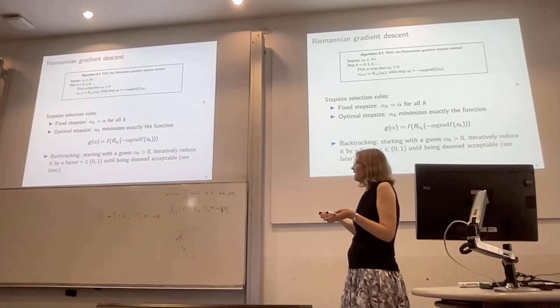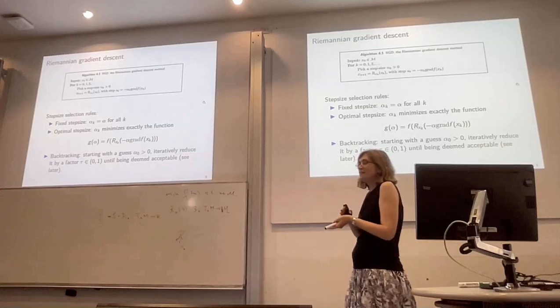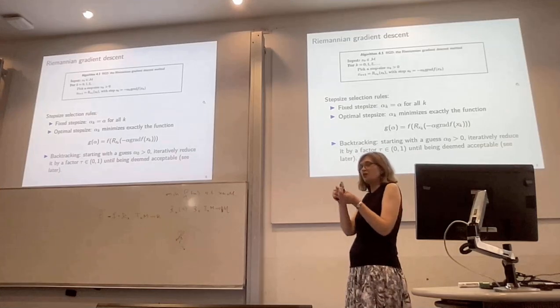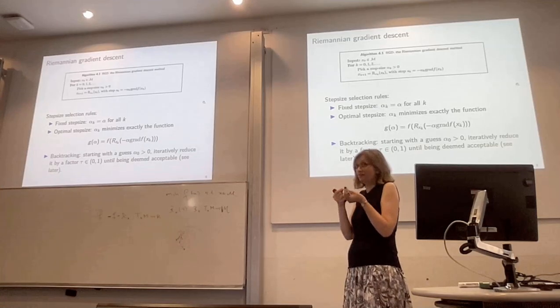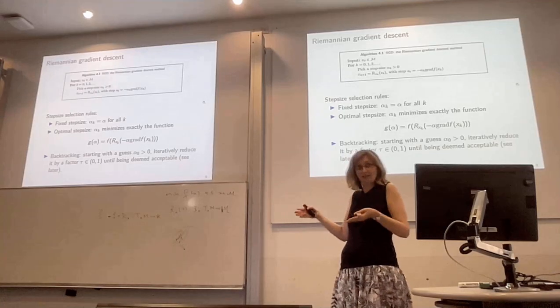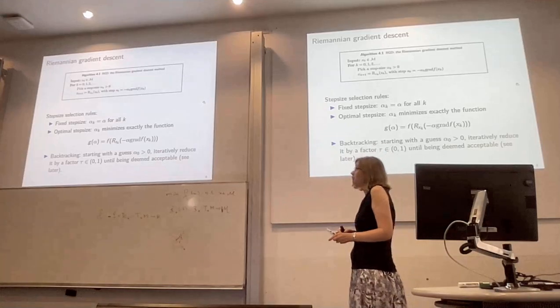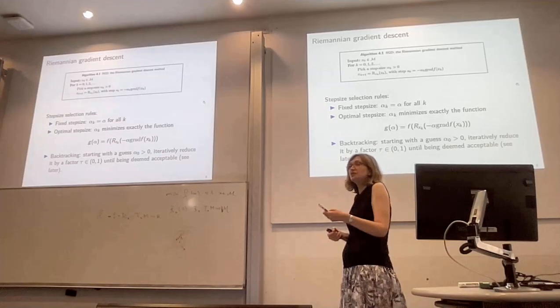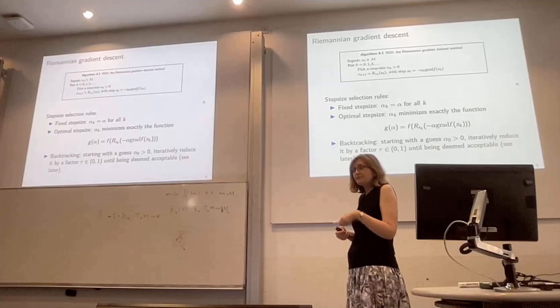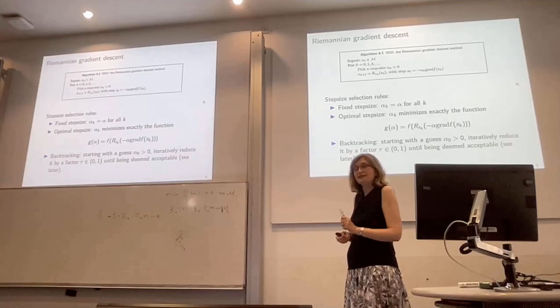By the way, you know that the negative Riemannian gradient is such that if you move a sufficiently small distance along it, you are guaranteed to be able to decrease the function. This property that's true for Euclidean gradients is also true for Riemannian gradients. So you know that there is a value of alpha such that you could decrease your function at a new point compared to the value of f at x_k.